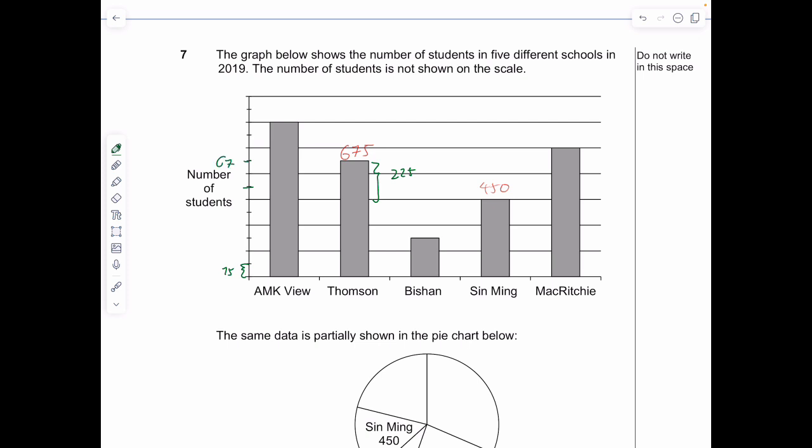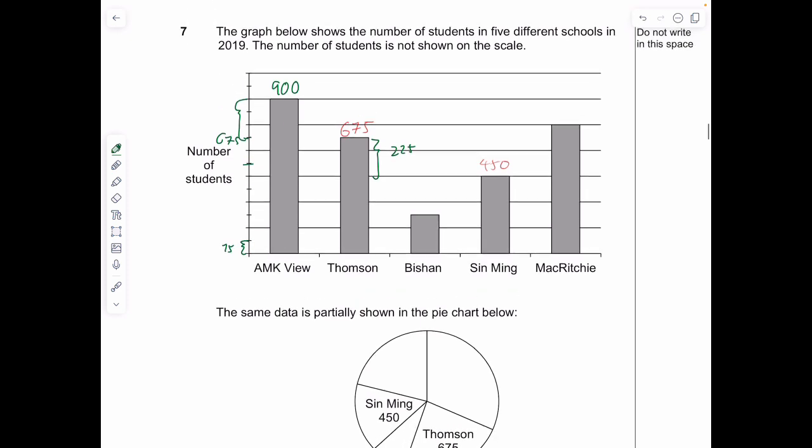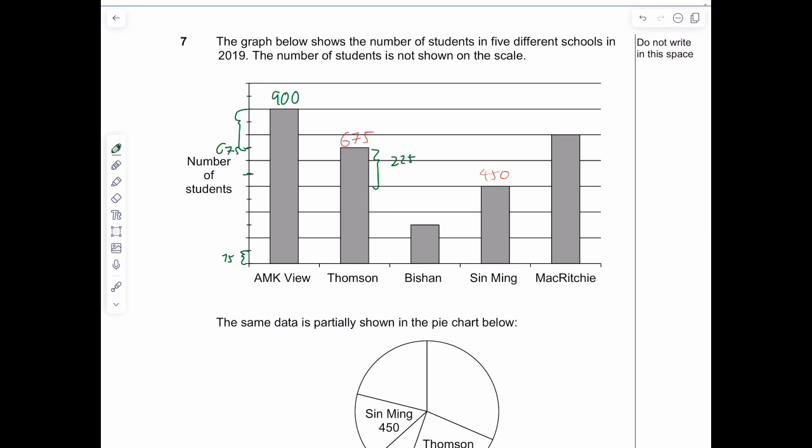This is actually 675, and we need to add 900 over here. So Bishan over here would be 225.